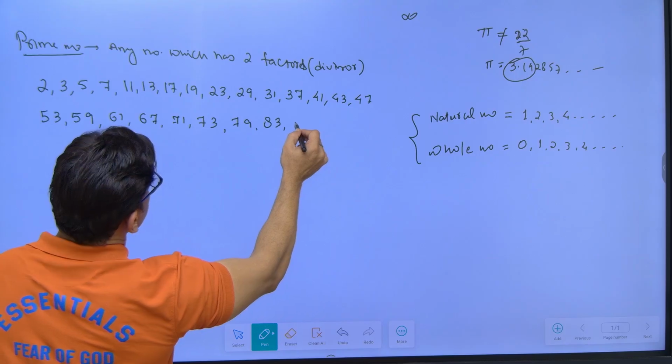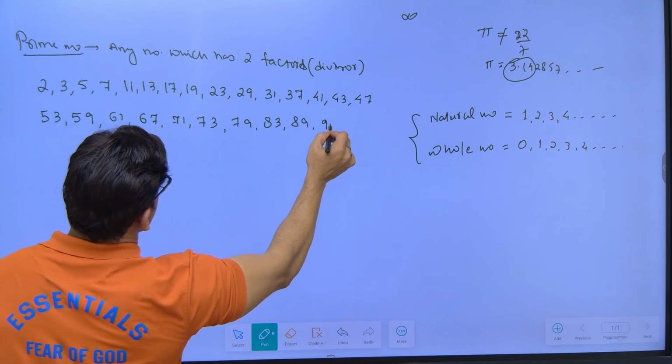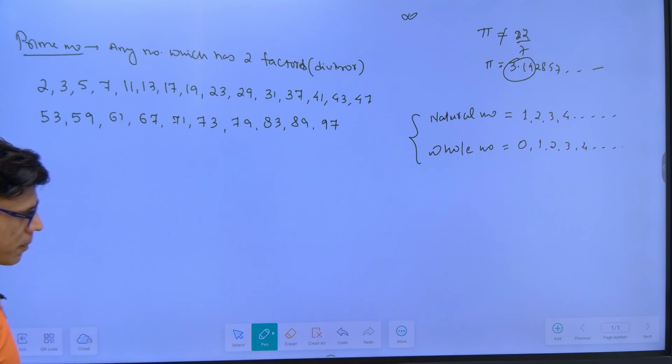These are all prime numbers from 1 to 100. All these numbers are divisible by 1 and number itself. So there are total 25 prime numbers from 1 to 100. Right?